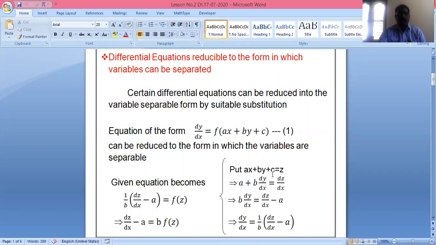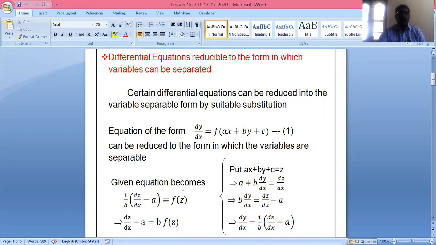Differentiating with respect to x, we get a plus b dy by dx is equal to dz by dx. That implies b dy by dx is equal to dz by dx minus a. That implies dy by dx is equal to 1 by b into dz by dx minus a.